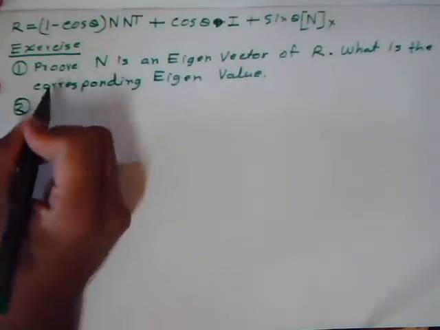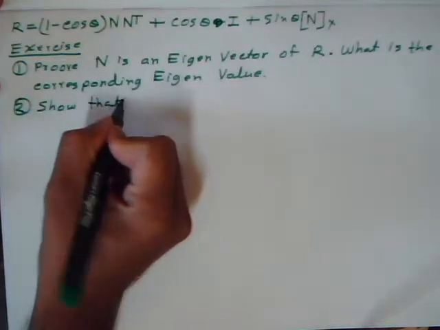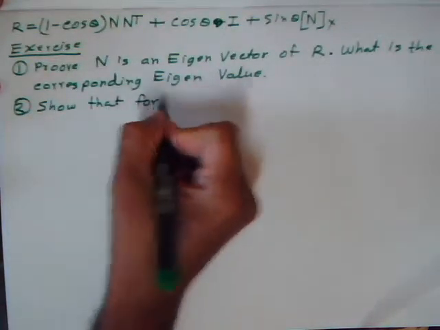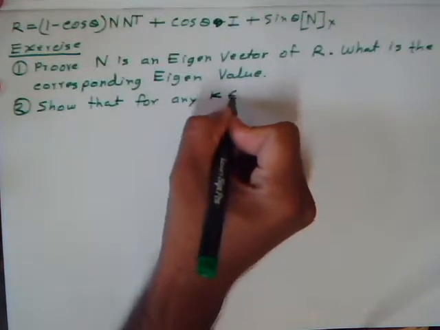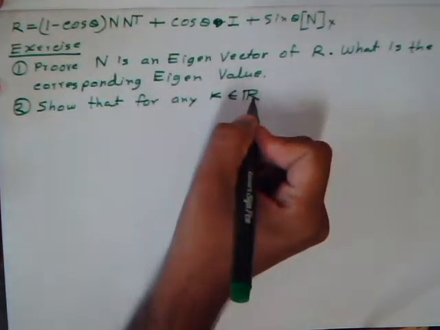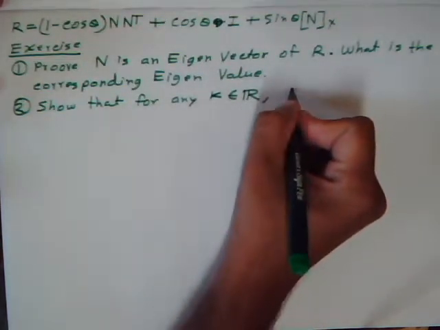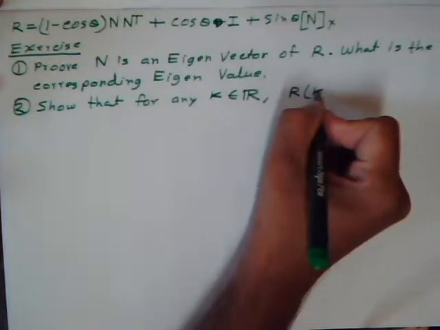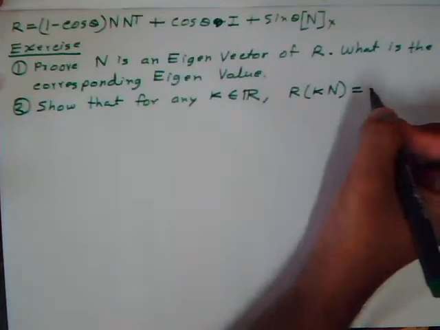Question number 2. So that for any k in R, for a scalar k, R times kn is equal to kn.